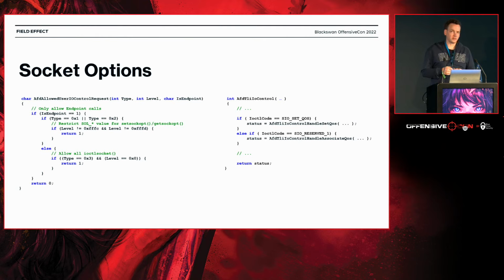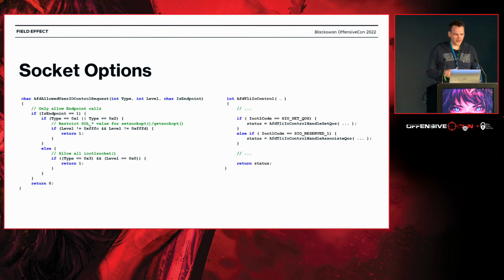And if you're that, it makes sure that your socket level is not these two values. You can't do FFFC or D. Anything else is okay. And then the else case says it's also okay if it's type 3, which is ioctl socket, and your level is 0. So that restricts any use of the internal option.